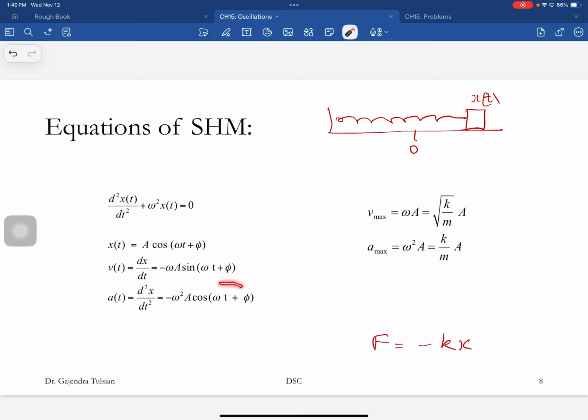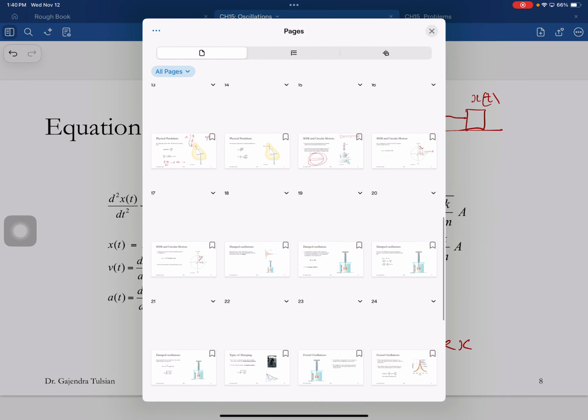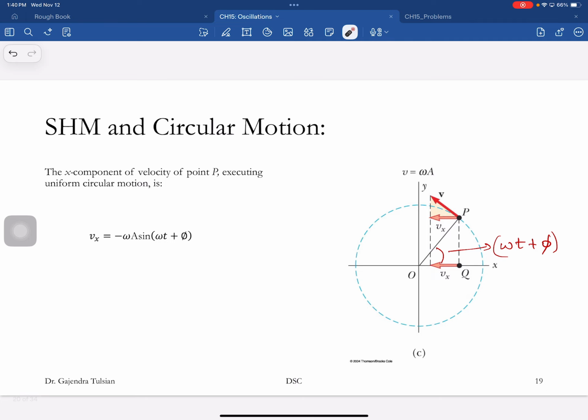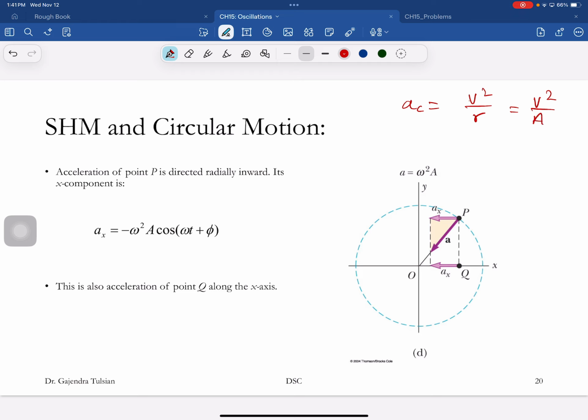Here's the acceleration. When you have uniform circular motion, you have centripetal acceleration, and the centripetal acceleration is given by v squared over r. r in this case is the amplitude. v is given by amplitude times omega, so a = Aω².